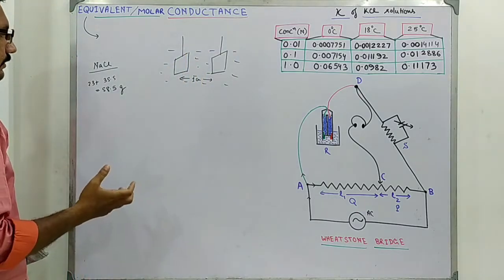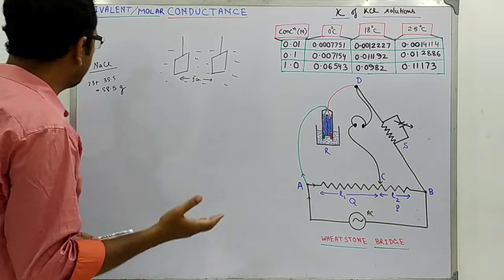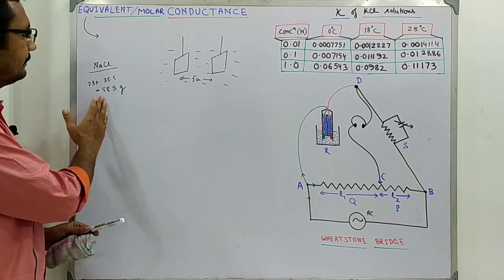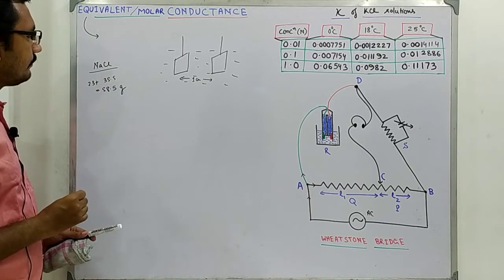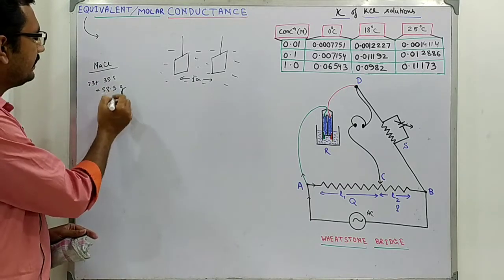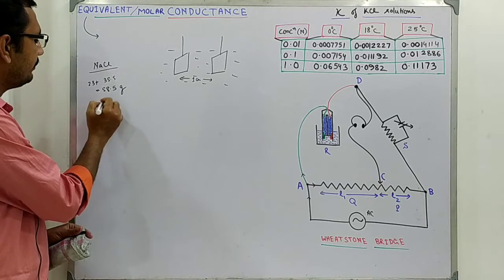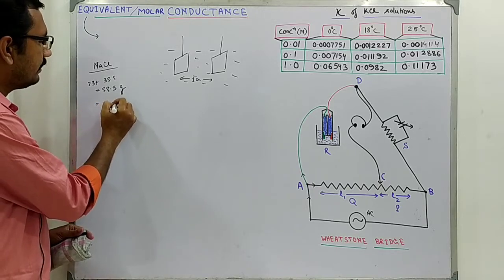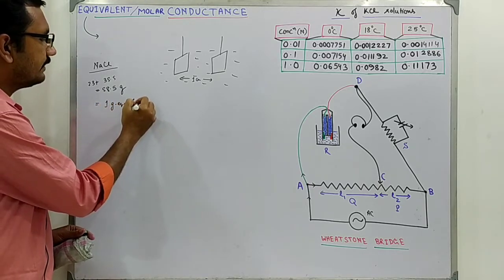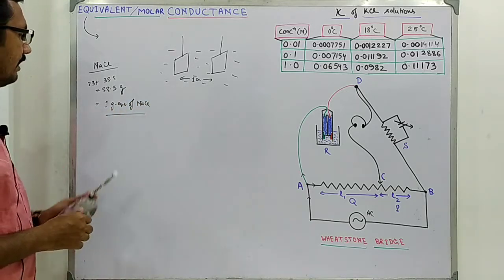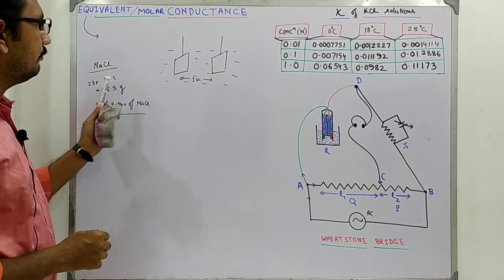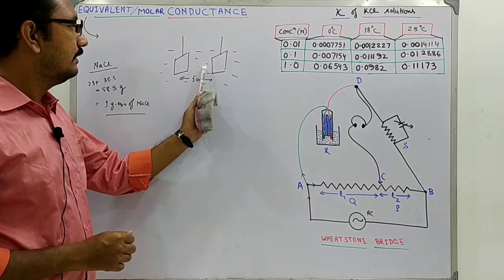Is it possible? 58.5 gram of NaCl is its gram formula weight, and since we have divided by valency, it is 1 gram equivalent of NaCl. Now, as per the definition, you have to put this amount between these two electrodes.